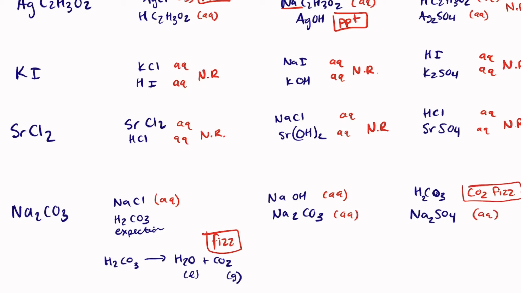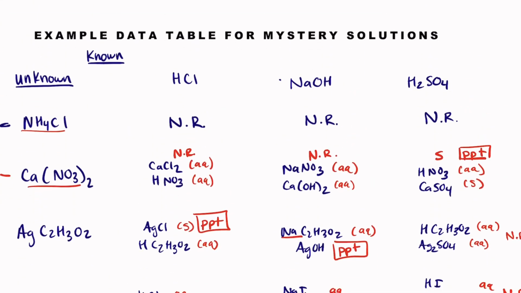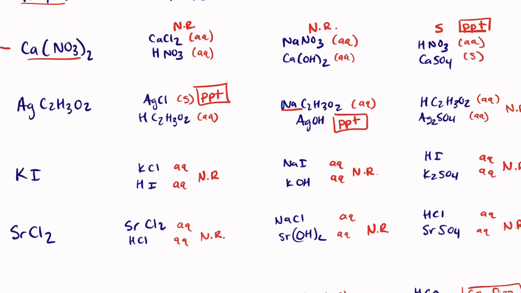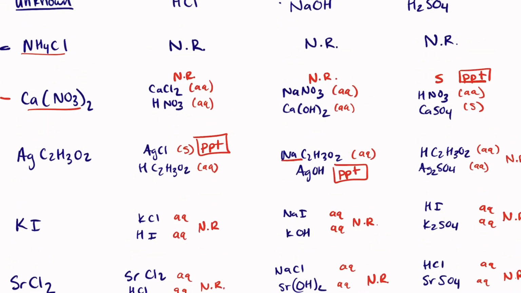So let's go ahead and see which ones have unique fingerprints, and I'm going to highlight them in yellow, so that we're going to be able to tell them apart. They might not go in this order, like the first one we do might not be ammonium chloride, but we'll be able to tell its fingerprint. So I think if I look at this, we are not able to tell.